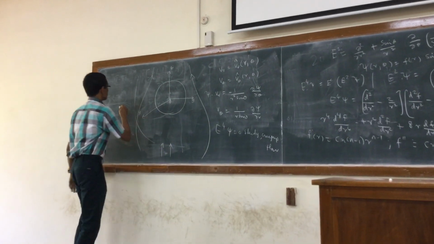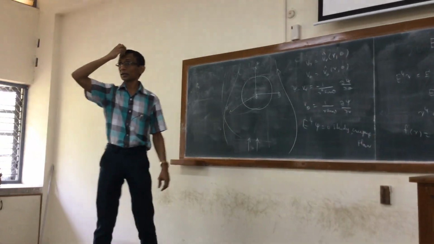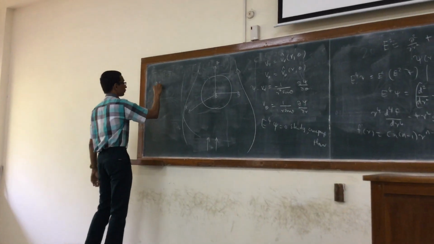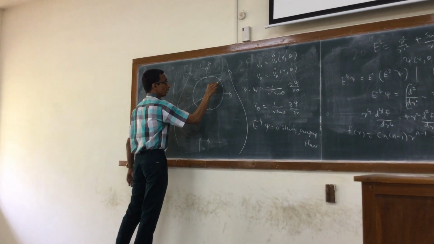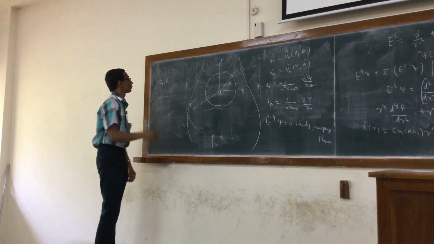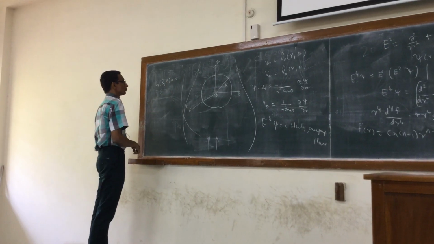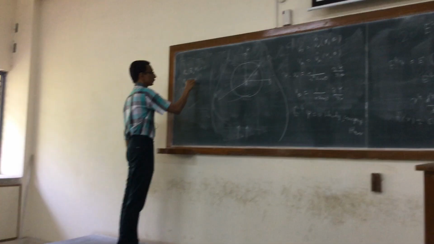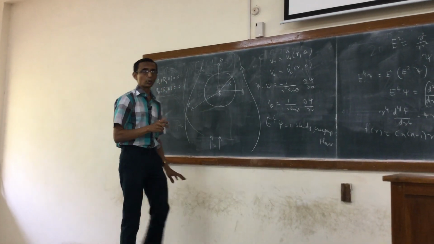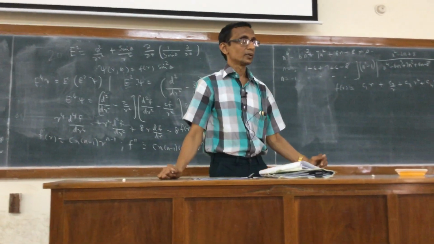So clearly, boundary conditions in terms of the velocity are given by V R of R, theta equal to 0. Let's say the radius of the sphere is capital R. And V theta of R, theta is also equal to 0. You can note this boundary condition on the surface of the sphere.